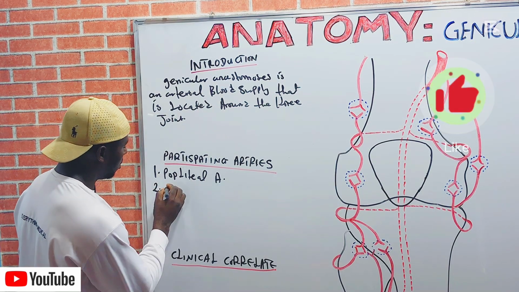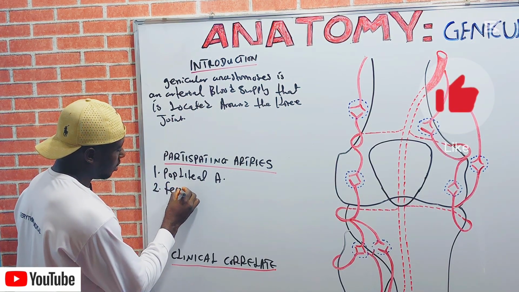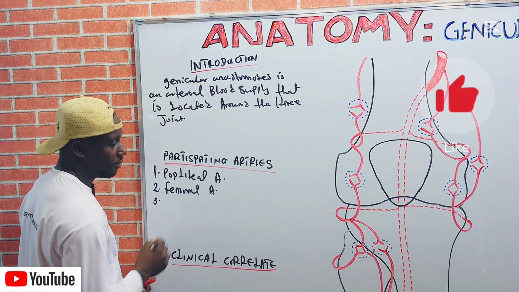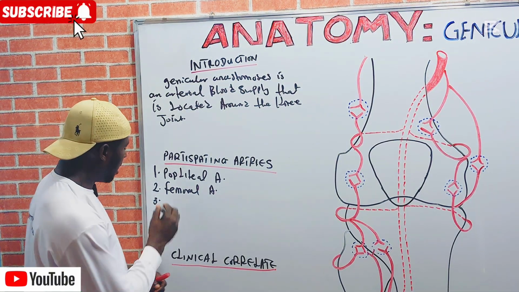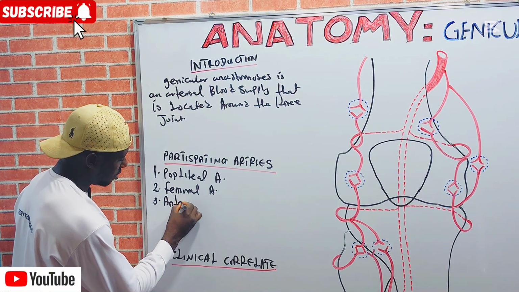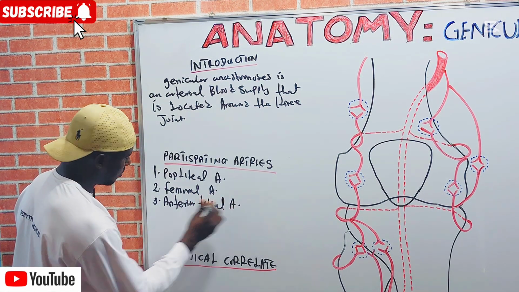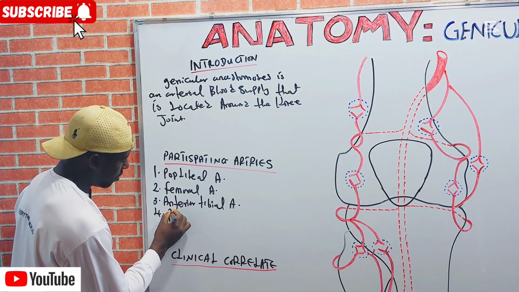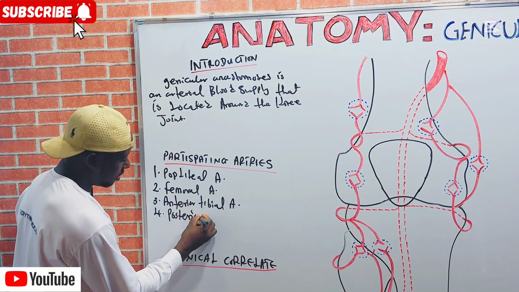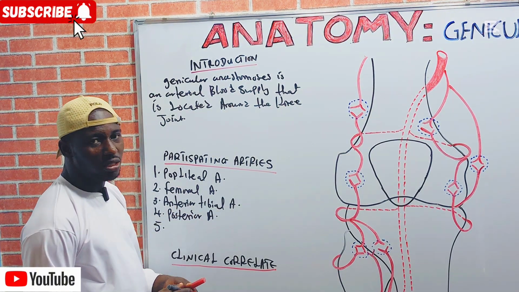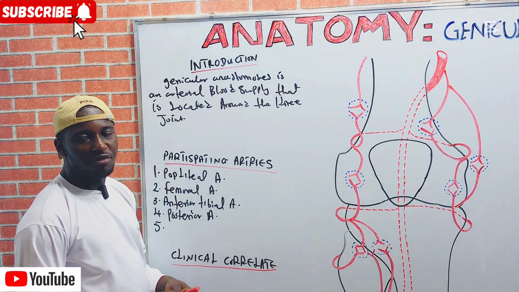Number two, the femoral artery. Number three, the anterior tibial artery. Number four, the posterior tibial artery. While number five, we have the profunda femoris artery.